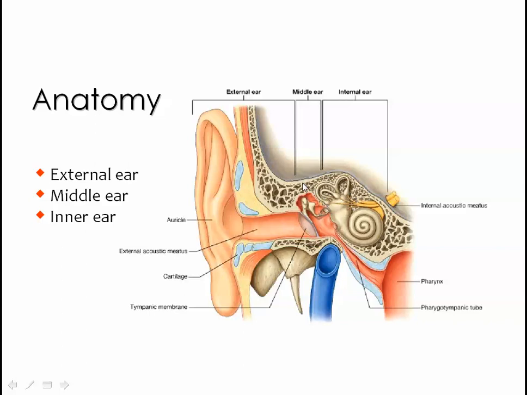Then the middle ear cavity is this one, which contains the ossicles. Then the inner ear, which includes of course, the cochlea, the vestibule, the semicircular canals, the nerves, and a lot of details, and we will discuss very soon.